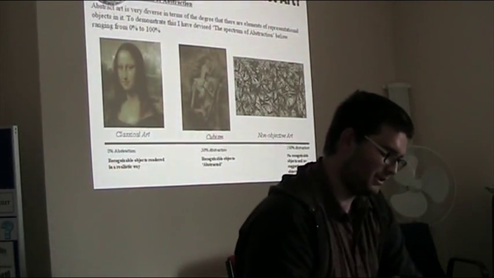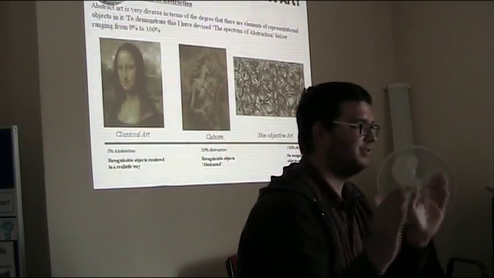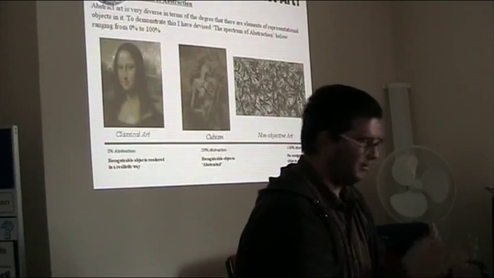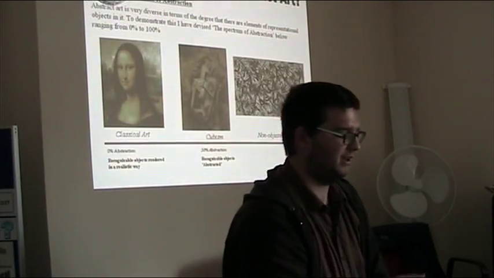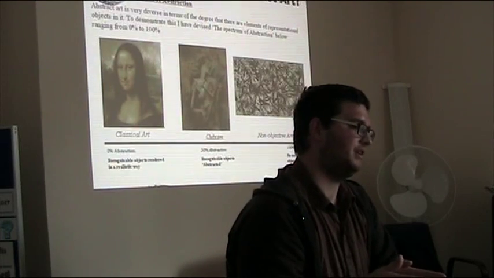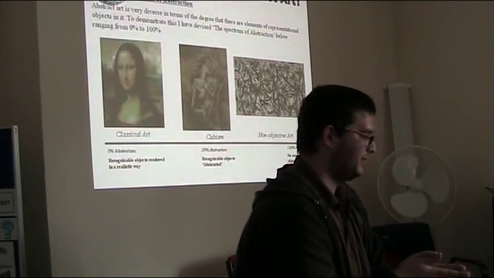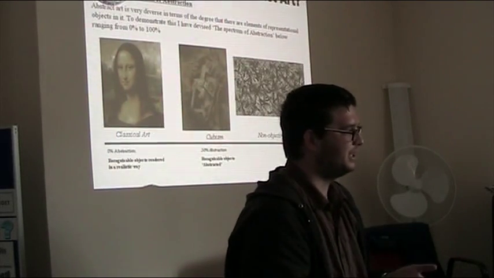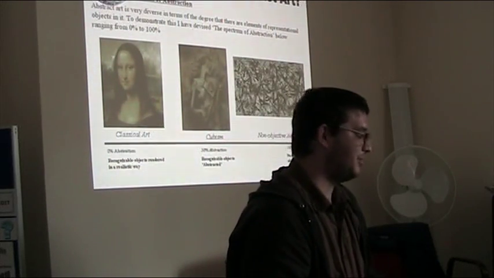If you think of a spectrum from 0 to 100% of representation, I mean 0 to 100% abstraction. So 0% would be something very classical, rendered, trying to represent something in a realistic way. The example I've used there is the Mona Lisa.